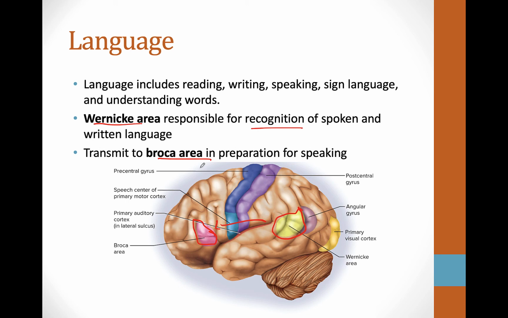Studies have shown that when somebody is about to speak, the Broca area lights up and has a lot of activity before you speak or before you sign, because the brain interprets sign language the same way as speaking. Aphasia is when there's a language deficit, and there are a lot of different types of aphasia depending on which area of the brain is damaged.